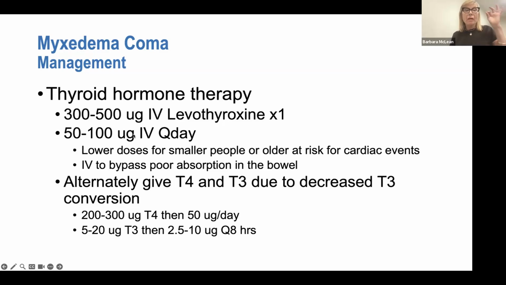I'm going to give you a very, very low dose. Then after I see that you respond to the thyroid hormone, I'm going to increase. And I can go up to about 500 micrograms IV of levothyroxine per day. Okay, then I'm going to try to convert you to oral therapy so that you can go home.